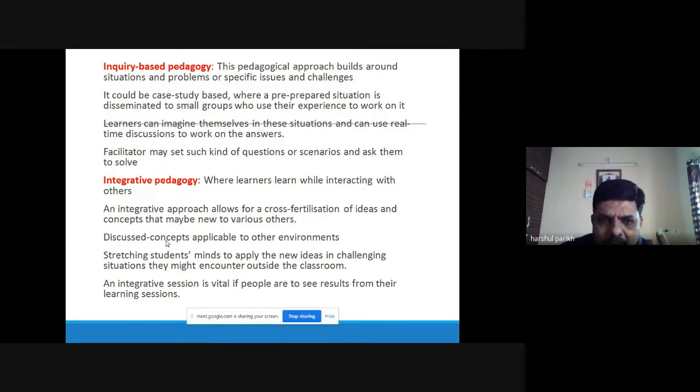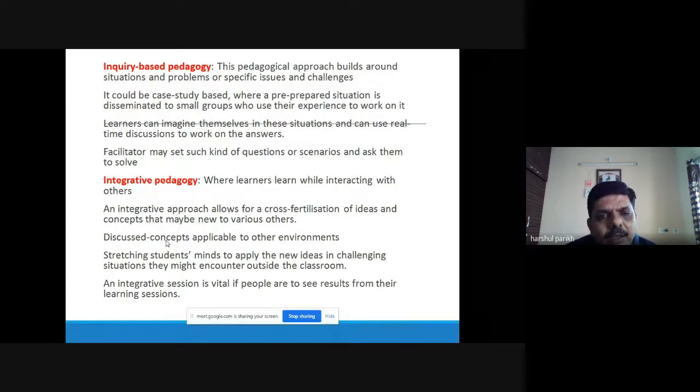So learners can put themselves in the situation, they can feel this situation, and they can use a real time discussion to get the answer. The facilitator, that means the teacher, may set problematic questions or problematic scenarios which require critical thinking and ask them to solve.